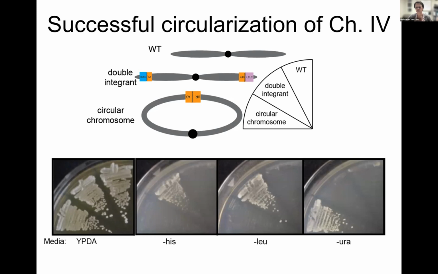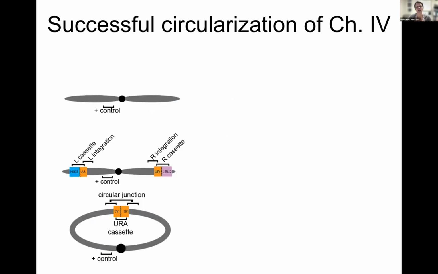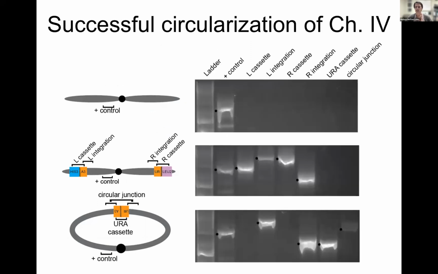So to confirm that we have circularization, we have also done PCRs with various sets of primers on genomic DNA isolated from these 3 strains. So on the top gel, we have PCRs from the wild type parent, and the middle gel are PCRs from the double integrant, and on the bottom gel are PCRs from our circularized strain.